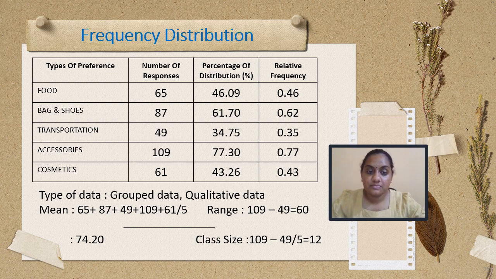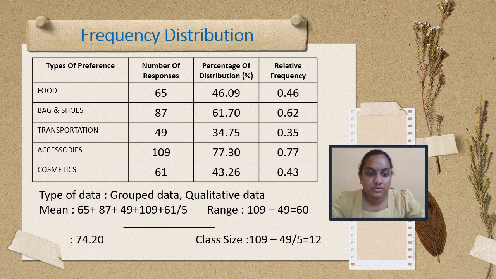This is my short interpretation on this question about frequency distribution. So let's look at the types of preference. There are 5 types of preference we gave to the respondents, which start from food, bag and shoes, transportation, accessories, and cosmetics.